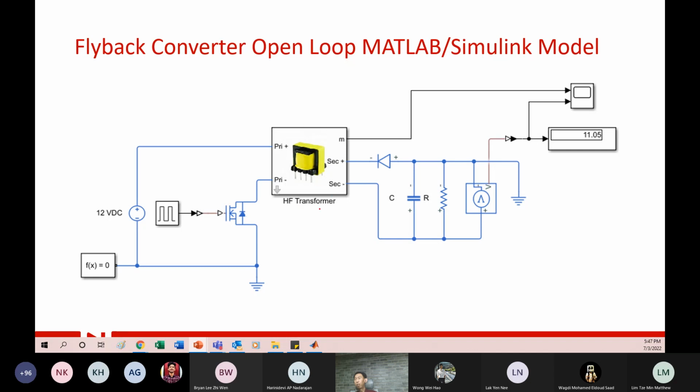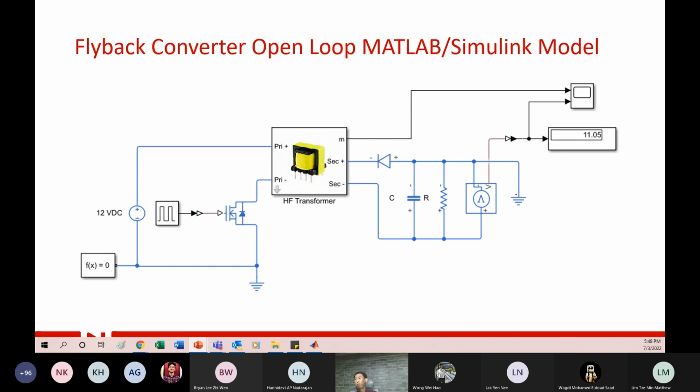Today we are going to do this one. We have a 12 volt input, and then we put a transistor, and then go through the coupled inductor. At the coupled inductor output, we put a diode. Since the diode is negative here, this one will be negative.